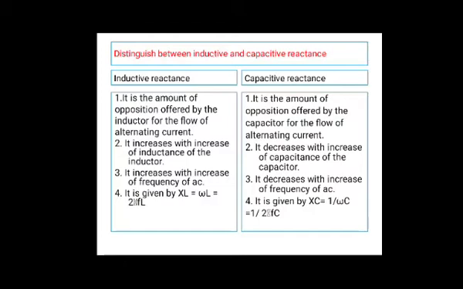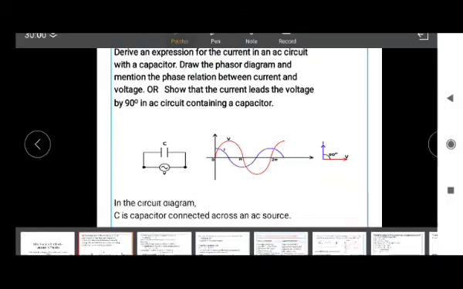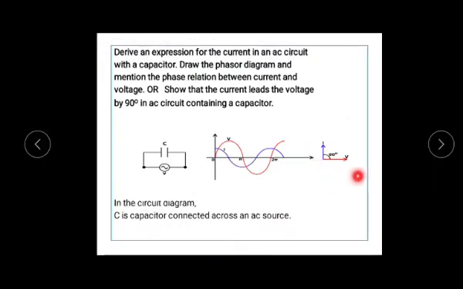Before that, after drawing the circuit diagram, here this is phasor diagram and this is graphical representation of current and voltage in an AC circuit with capacitor. From the figure it is observed that current leads the voltage by pi by 2.